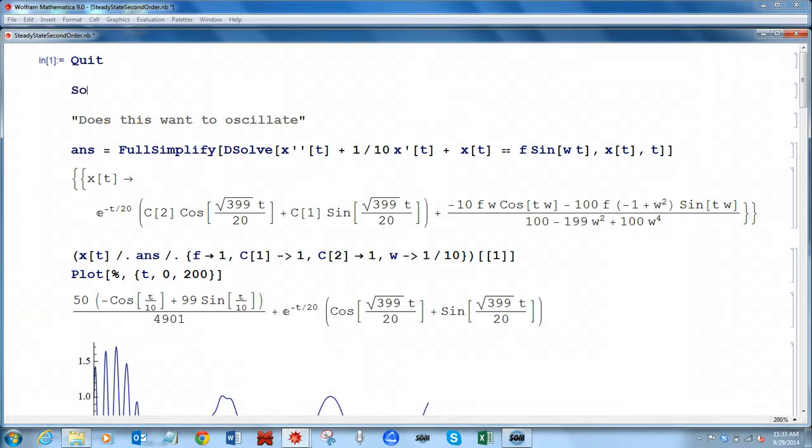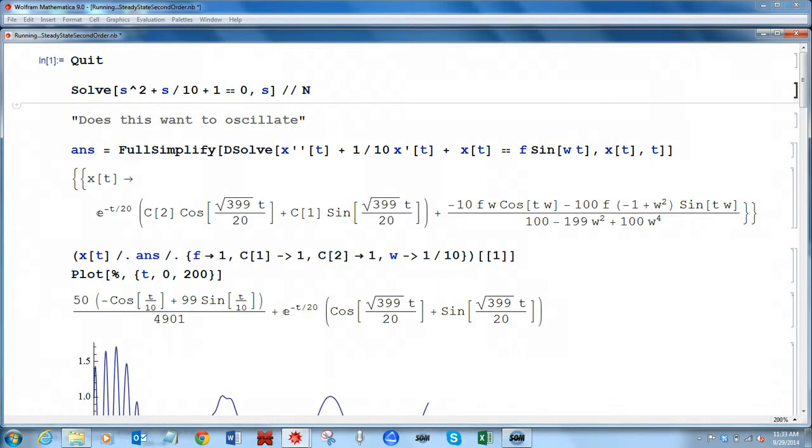Okay, so I'm going to say solve s squared plus s divided by 10 plus 1 equals 0. Solve it for s. Bang, and show it to me as a number. Boom.